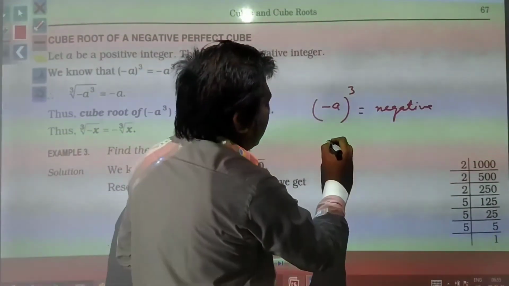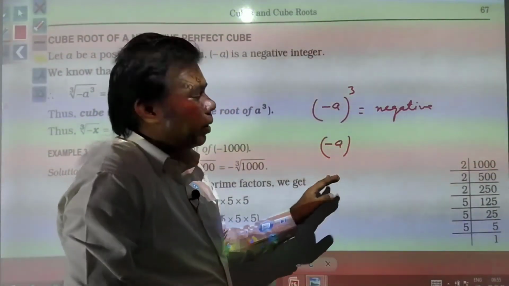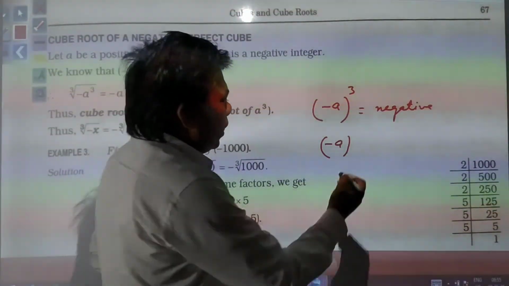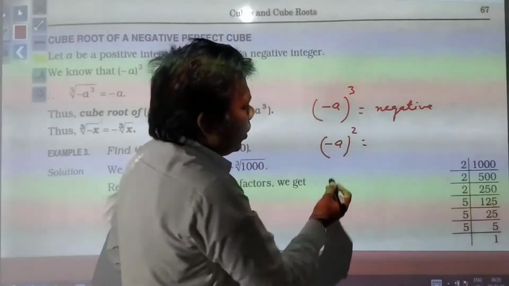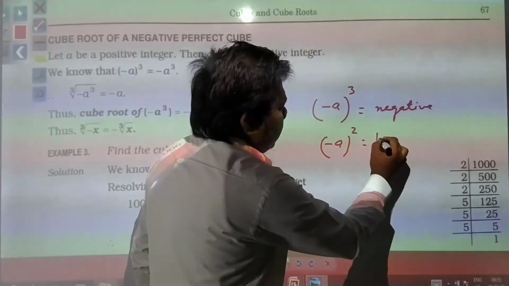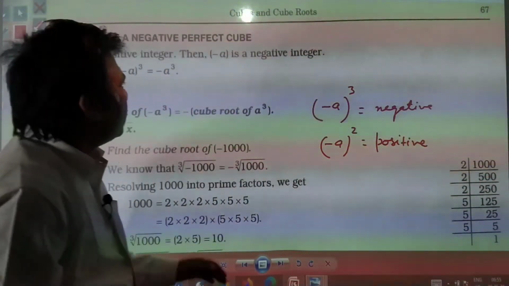And if the power is an even number, suppose 2, 4, 6, 8, 10, then your product will be positive. That already has been told many times.